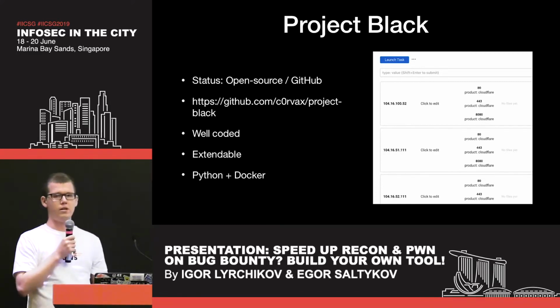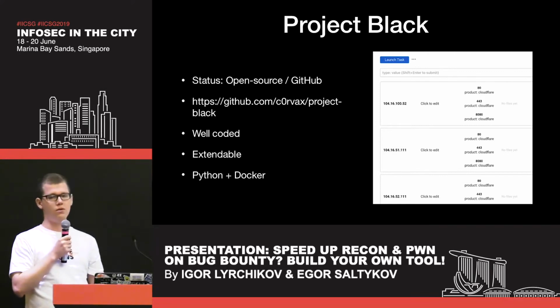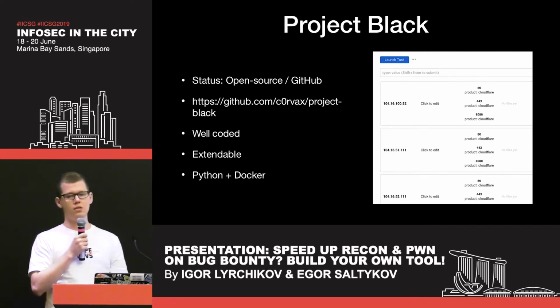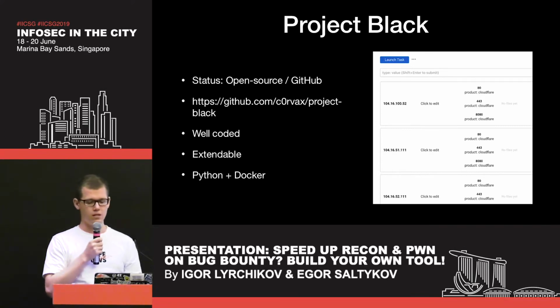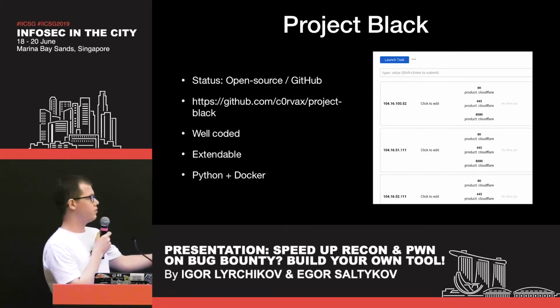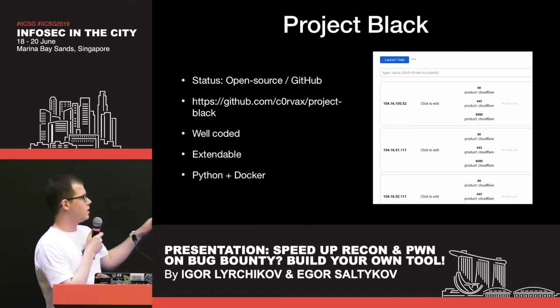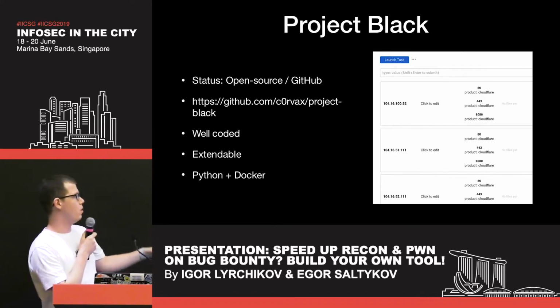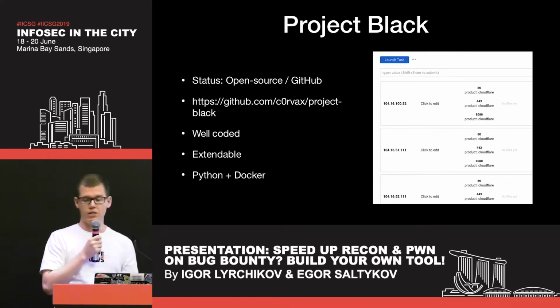It's very extendable, and you can use it in Docker because it's easy to configure and easy to expand. This is a part of the interface. On the screenshot, you can track all your changes, all your projects, all your scope in one place. It's very awesome.